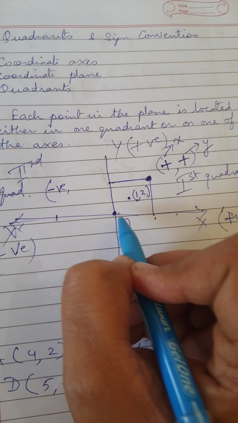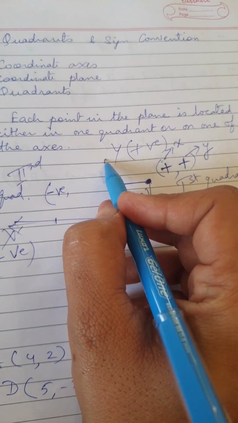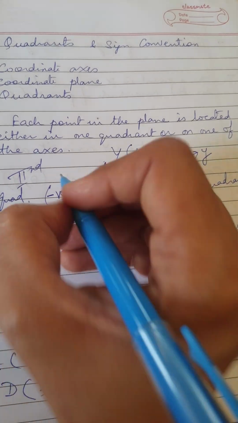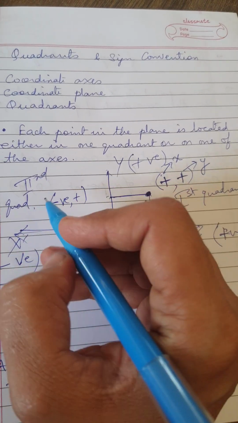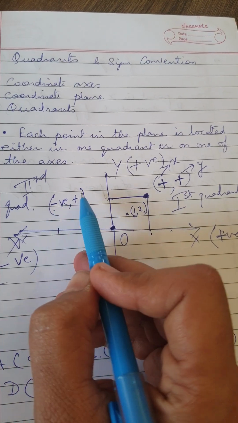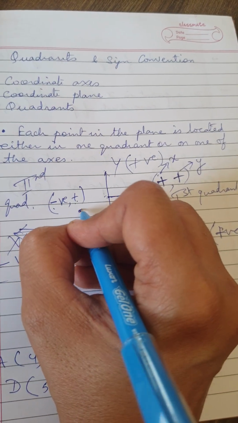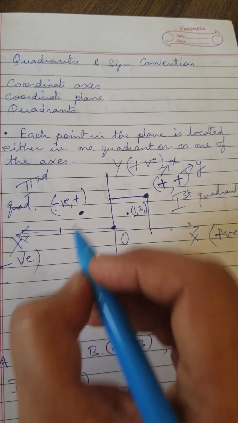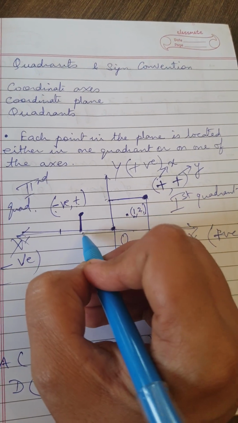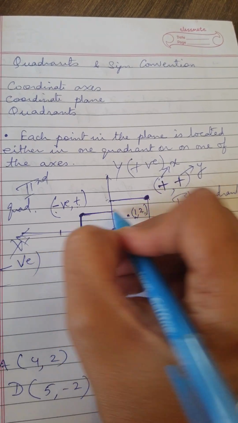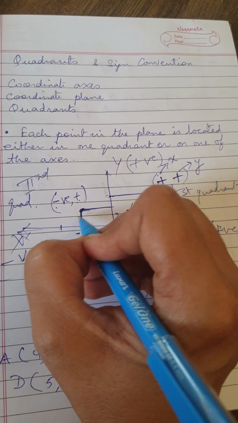And when we move from origin upwards or the positive side of y, the value of y will always be positive. So in this quadrant, your abscissa will always be negative and ordinate will always be positive. So whichever point you will plot in this quadrant, that gives you the value of x as a negative value and the value of y as a positive value.